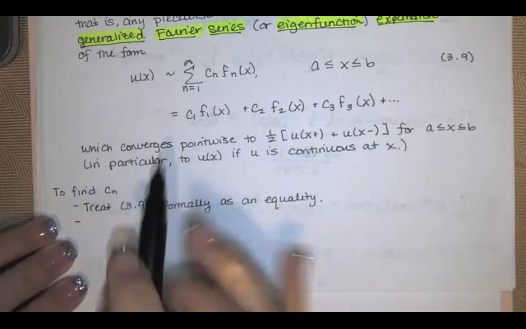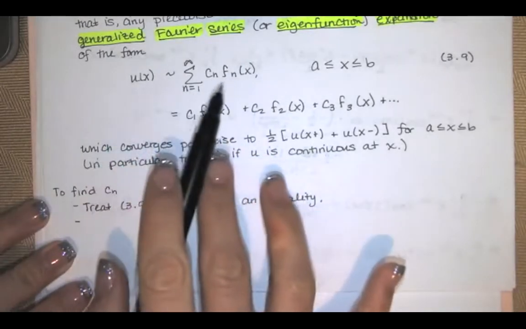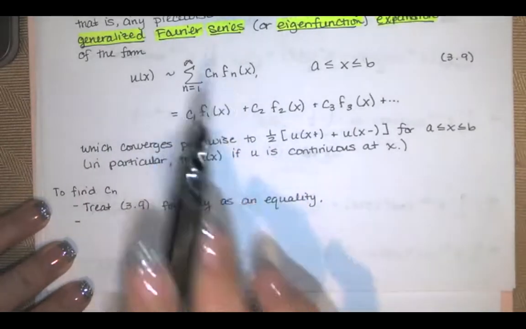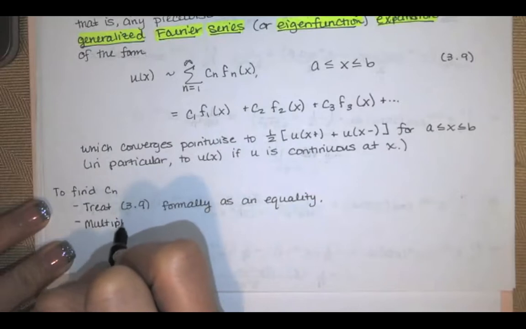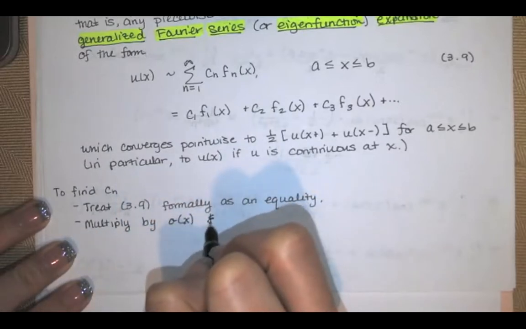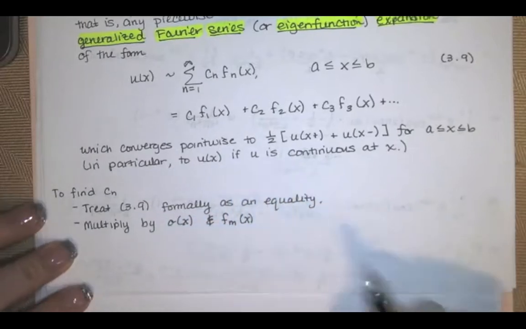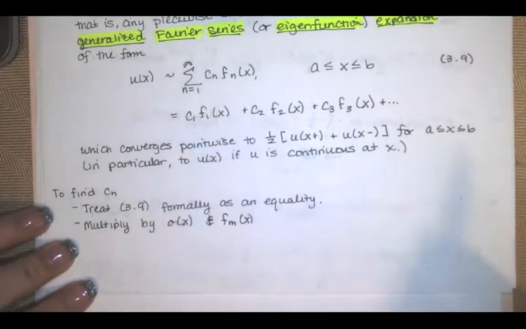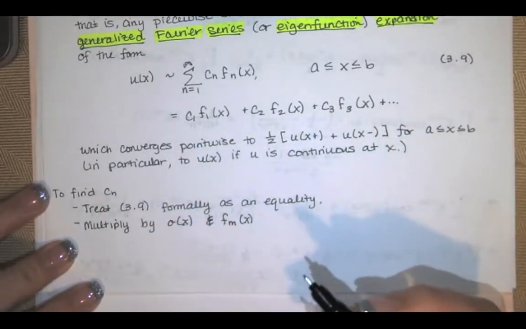We're saying, okay, assume that those are equal. And then if you want to find the c sub n, you just multiply by the weighting function, sigma of x, and an eigenfunction with a different value of that index. So we'll multiply by sigma of x and f sub m of x.